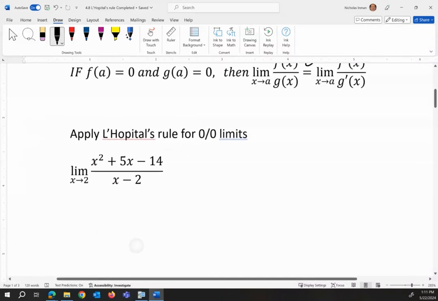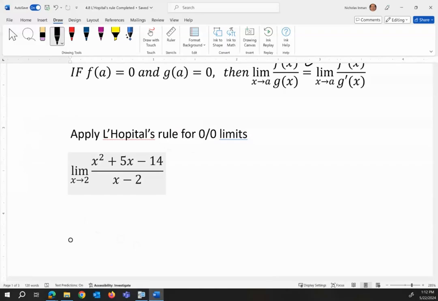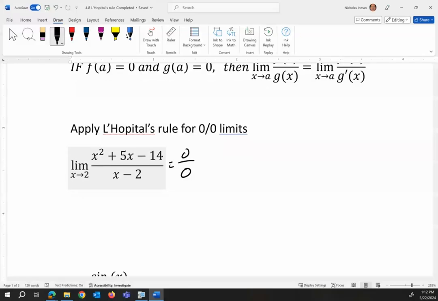So, good example. One we just did. We just got this answer. This answer was 9, right? So L'Hopital's rule says, hey, if you plug in the 2, we do wind up with that 0 over 0 idea, right? 2 squared 4, 5 times 2, 10, 4 plus 10 is 14, 14 minus 14, 0 over 2 minus 2, 0. All right, hopefully we're good there.